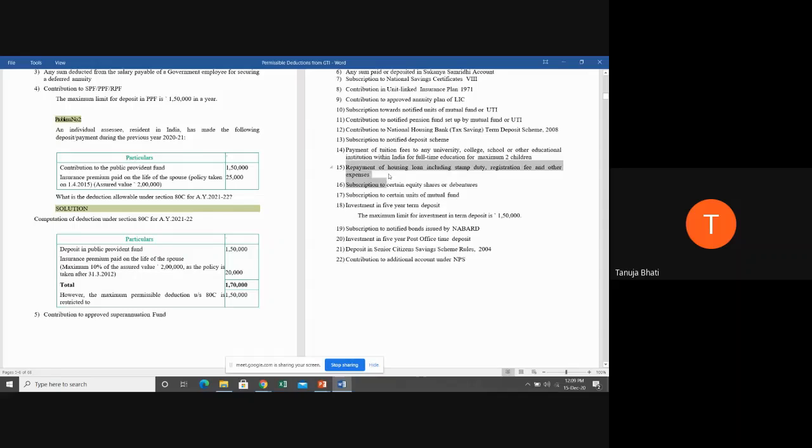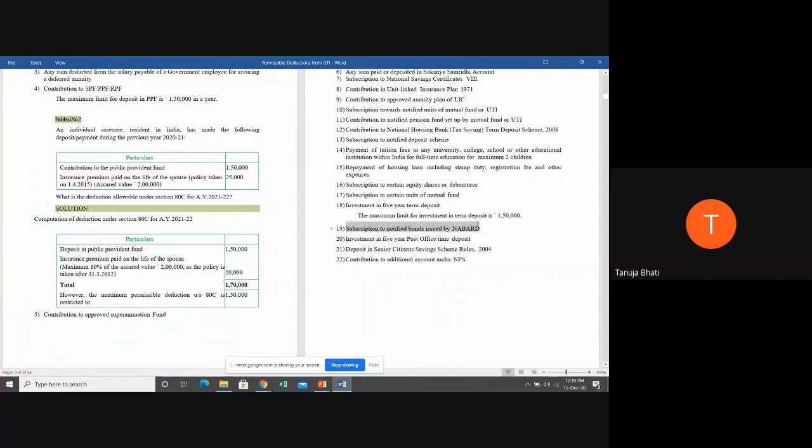Next, repayment of housing loan including stamp duty, registration fee and other expenses. Subscription to certain equity shares or debentures. Subscription to certain units of mutual fund. Investments in a 5-year term deposit. That is, if you're doing a fixed deposit for 5 years, again subject to maximum of 1,50,000.